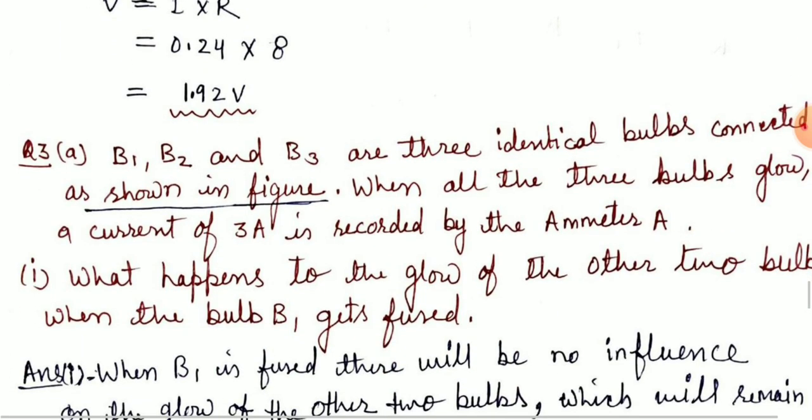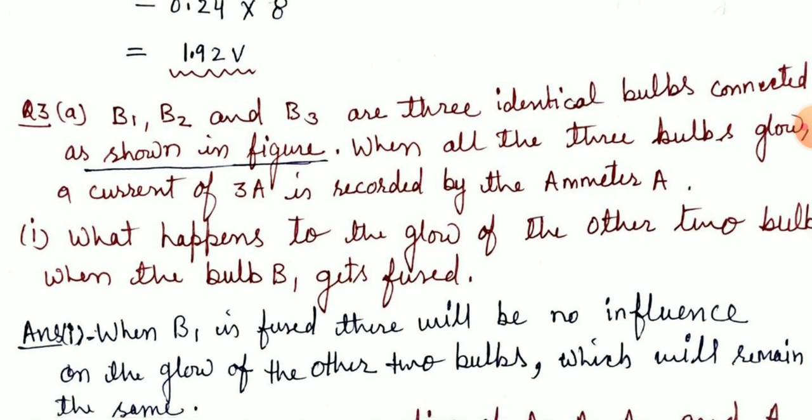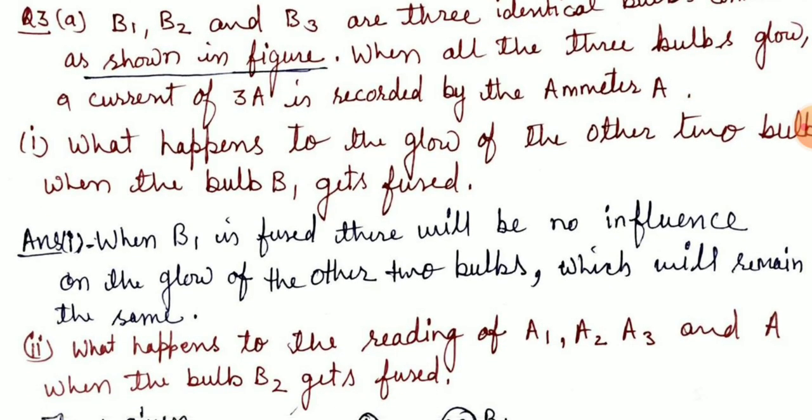Now question number 3, first part. B1, B2 and B3 are 3 identical bulbs connected as shown in the figure. When all these 3 bulbs glow, a current of 3 ampere is recorded by the ammeter A. In part 1, you have to say what happens to the glow of the other 2 bulbs when the bulb B1 gets fused.